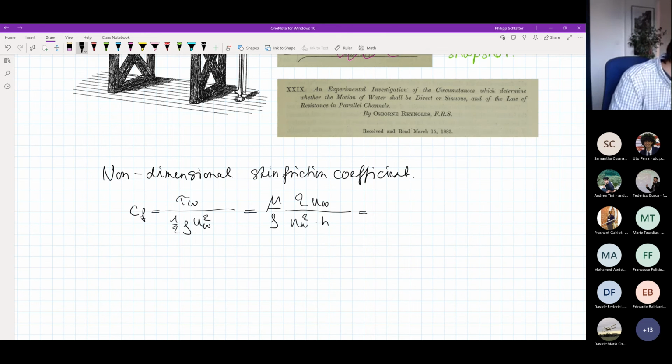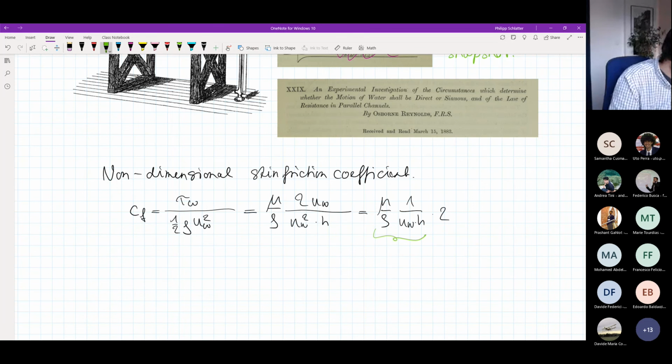Now if I simplify that a little bit, I get mu divided by rho, then 1 over uw times h, and then I have a 2 left. I guess you see where this is going.